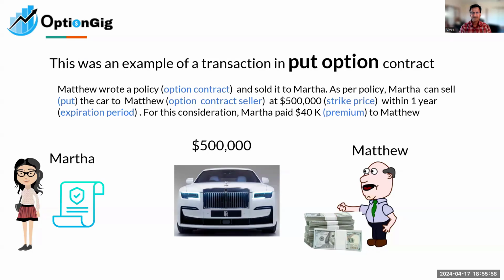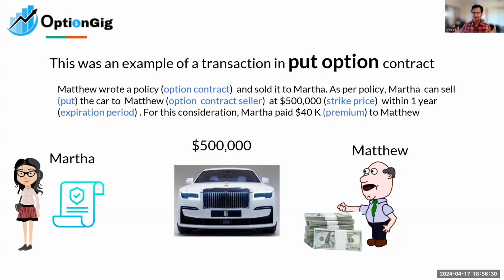As per the policy, Martha can put the car to Matthew and get $500,000. The car is totaled: take the car, give me $500,000. She bought that right because she got that policy, within 1 year, that's the expiration period. And for this consideration, she paid a $40,000 premium to Matthew.